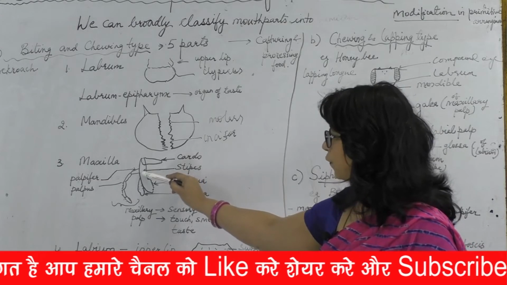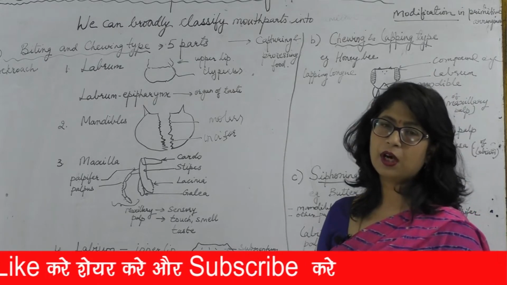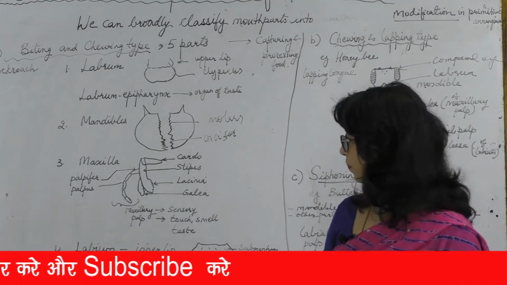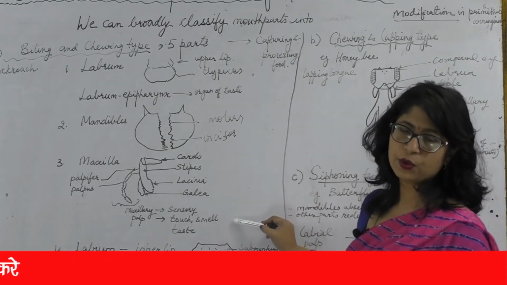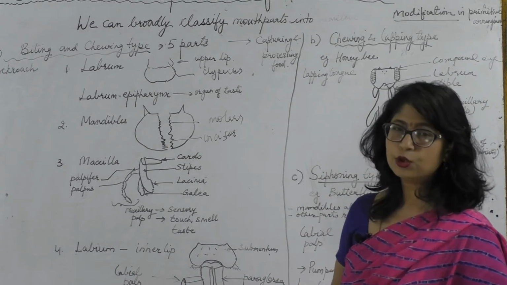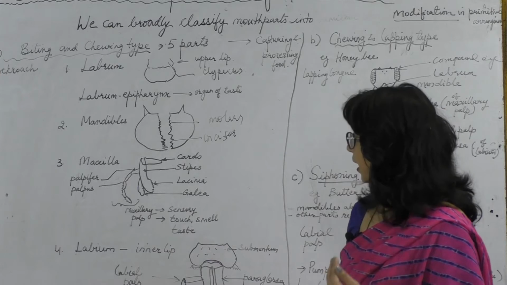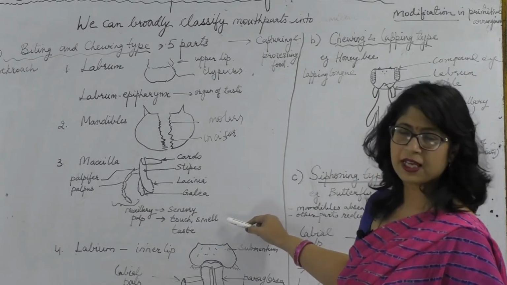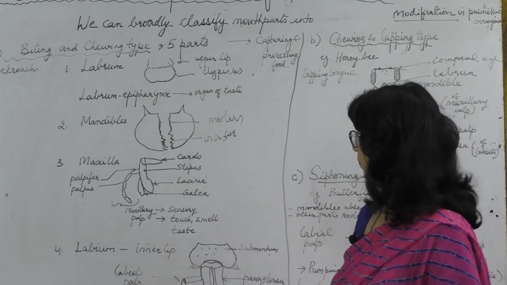On the lateral side of stipes arises the maxillary palp, which is made up of 5 segments. The maxillary palp is sensory in nature, and it enables the insect to detect the food and to sense its environment. Hence, it is known as a sense organ for touch, smell, and taste.